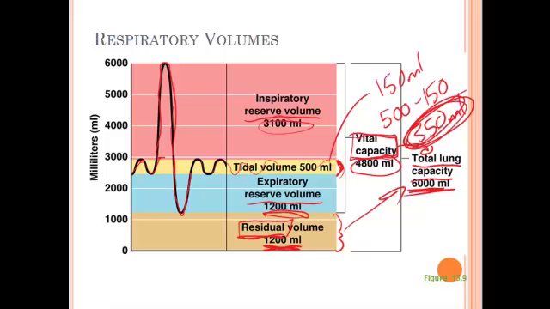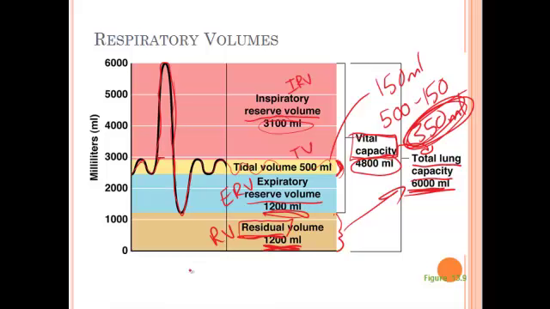We have abbreviations for these terms here. So we call the inspiratory reserve volume the IRV. We call the tidal volume the TV. This is the ERV, and this is the RV.